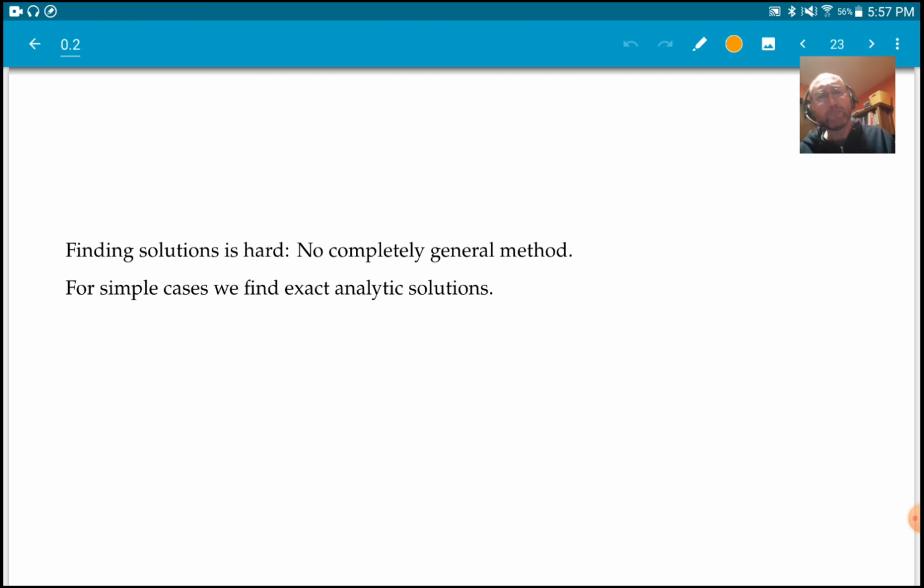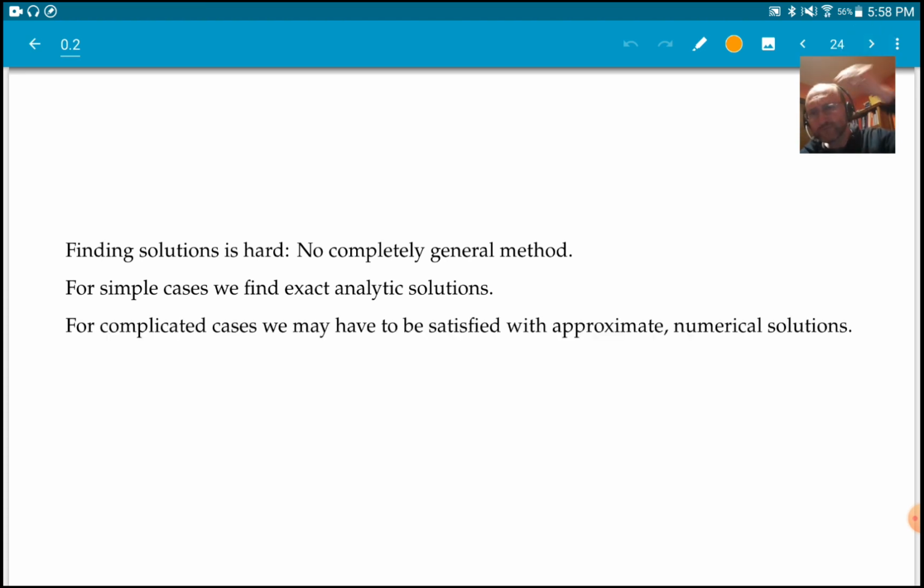All right. Now, for simple cases, or if we're somehow lucky even for some complicated cases, we can find exact analytic solutions. And when we can, it's great. We should be very happy to do so, and we should try to do that. But it's not always possible. Just like in calculus, you couldn't always find a nice closed form solution for every antiderivative.